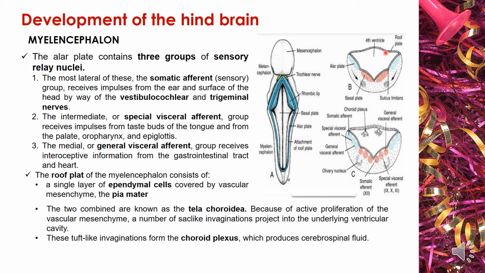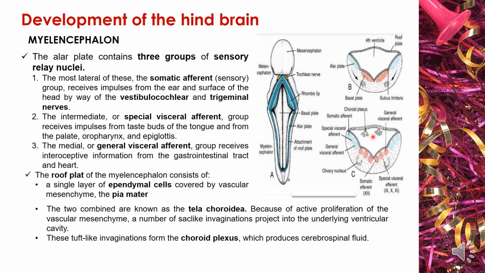Because of the active proliferation of the visceral mesenchymal matter, a number of sac-like invaginations project into the underlying ventricular cavity.